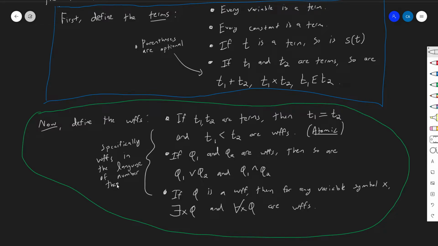I'll explain how you generalize this to WIFs in a general language. It's not complicated. So first of all, notice that all of these are defined in terms of terms. So I've defined what the terms are, and now I'm saying what statements I can make about the terms, right? The terms are the things I want to make statements about, and the WIFs are statements about the terms, kind of.